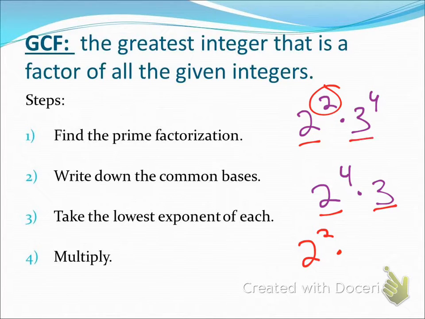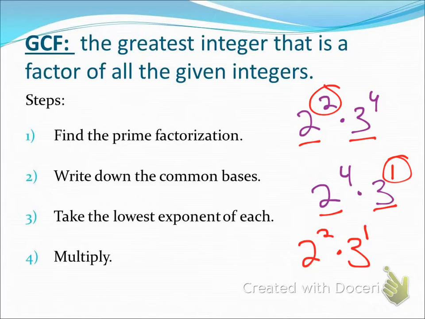See how they both have a 3? You use the smallest exponent with the 3, so 3 to the 1st, and then you multiply those numbers out all the way, like 2 squared times 3. So that's what it means. You find the bases they have in common, and you take the smallest exponent.